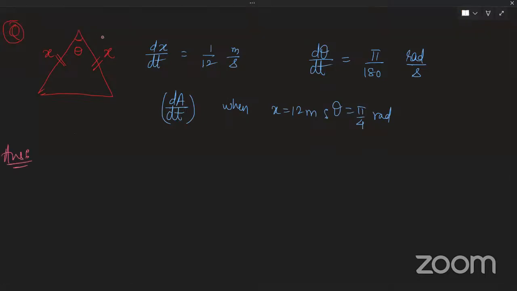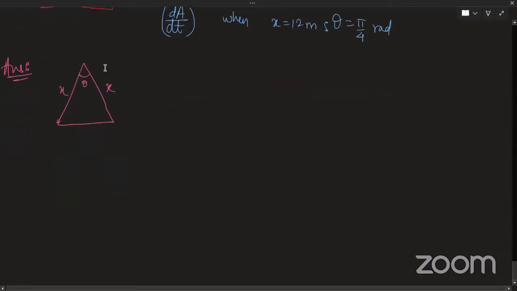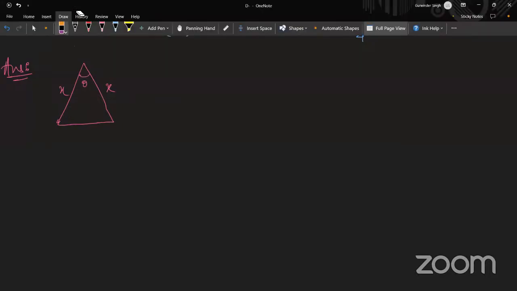First of all, can we establish a relation between x, theta, and the area of this triangle? Do we have a relation?